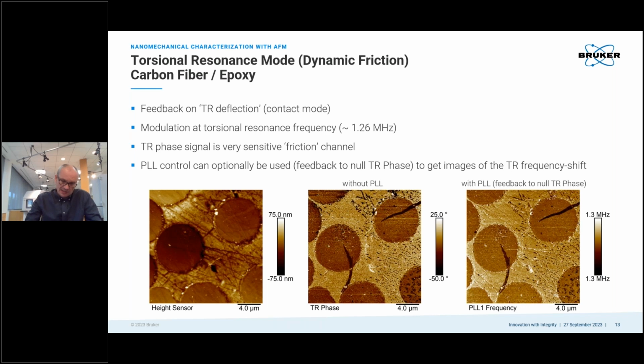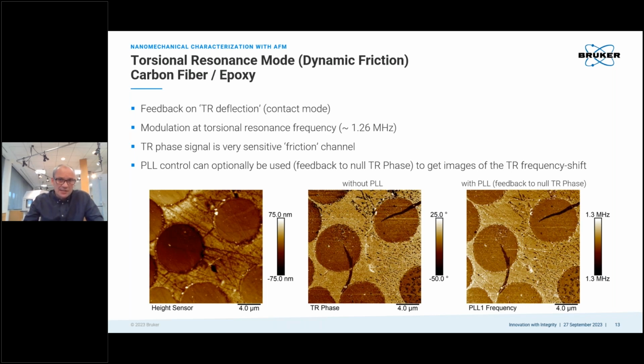This is a sensitive method to measure the friction, as you're actually operating at the resonance to take advantage of the higher Q factor, the higher quality factor, the higher sensitivity. This image here shows a carbon fiber embedded in epoxy, and the torsional resonance phase image nicely shows that mechanical contrast related to friction.